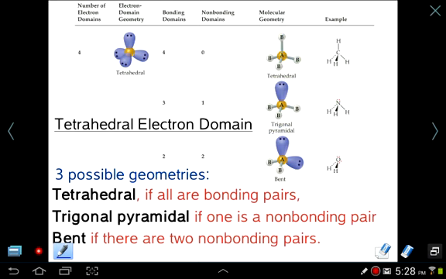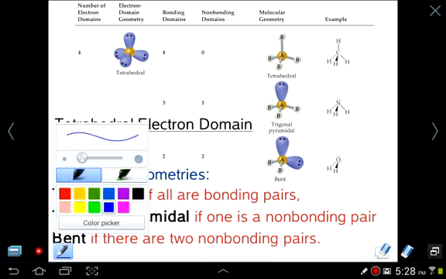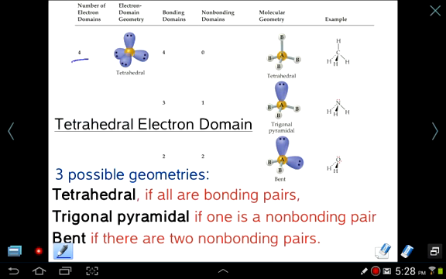If then you have yourself 4 main electron domains, but only 2 of them are bonding, the other 2 are not bonding, in other words, you have yourself 2 empty pairs of electrons, then you get yourself a bent shape. Now if you take a look, this bent shape essentially reflects the tetrahedral shape. Just take off this atom and take off this atom, and what's left is the bent shape.